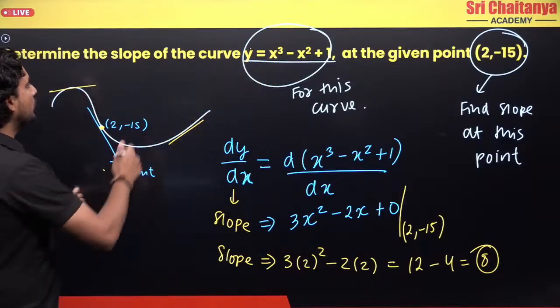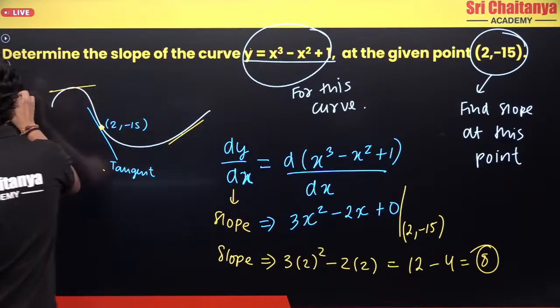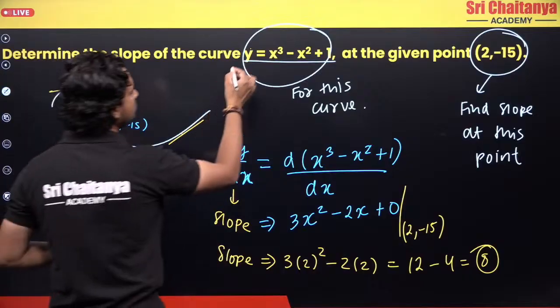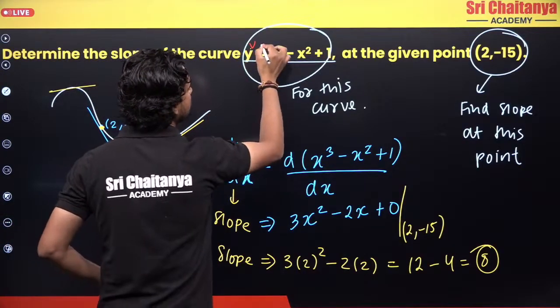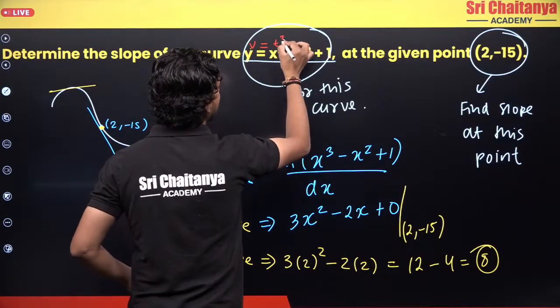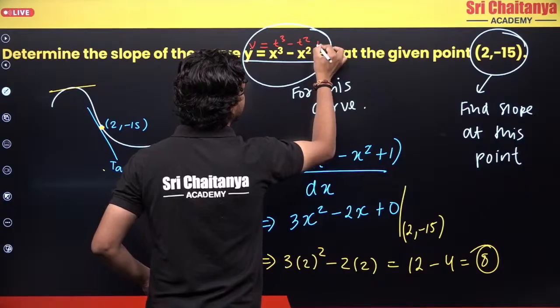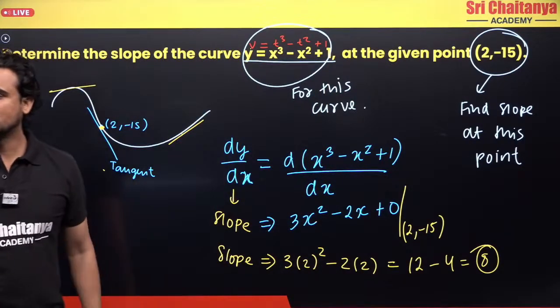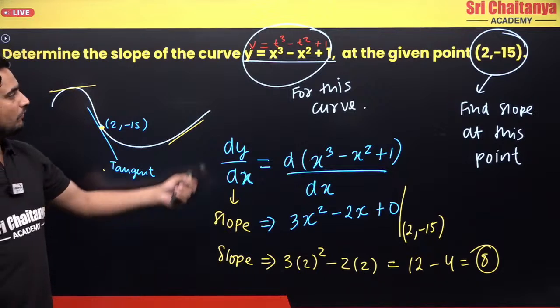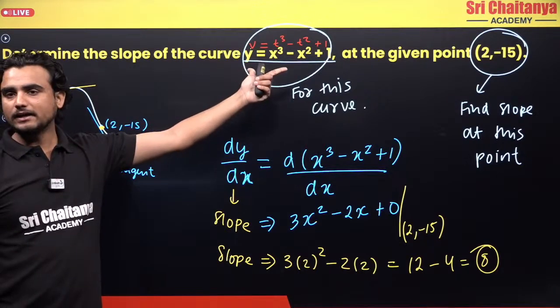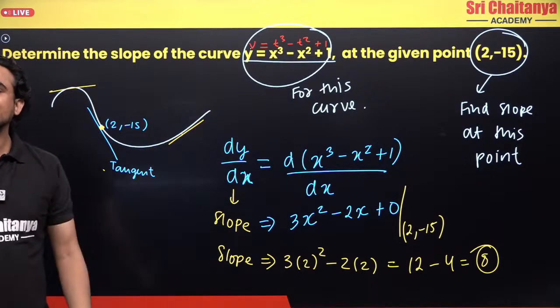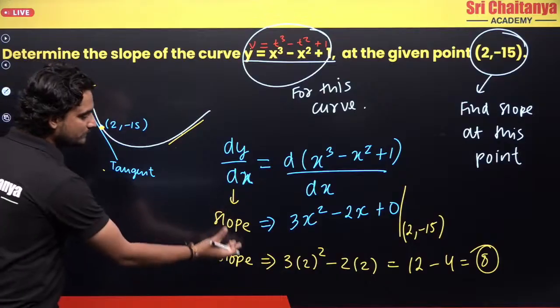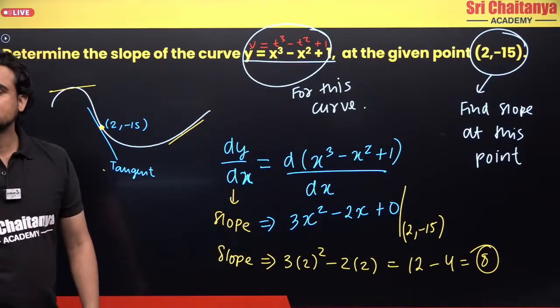Let's suppose I write velocity here, just instead of y I write v, that is velocity, and if I write this as time, let's suppose I change this. So basically now what will I find? What is dv by dt? It is acceleration. So this slope is basically giving me acceleration.